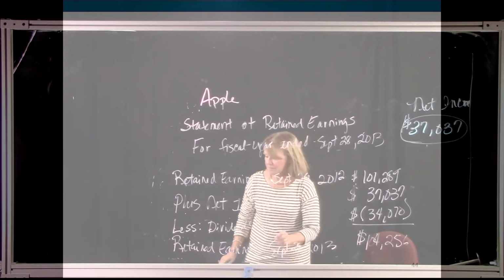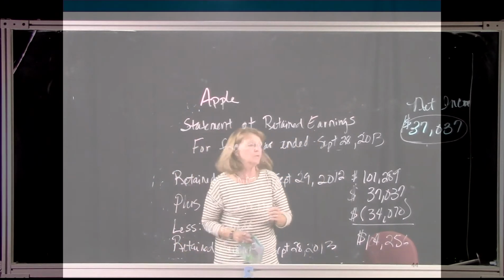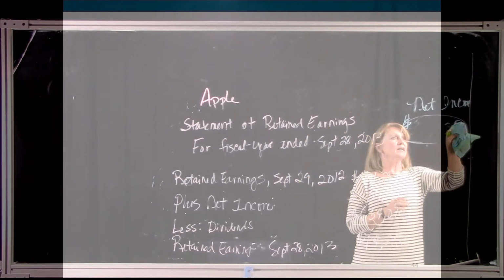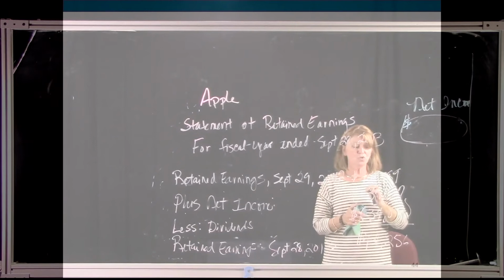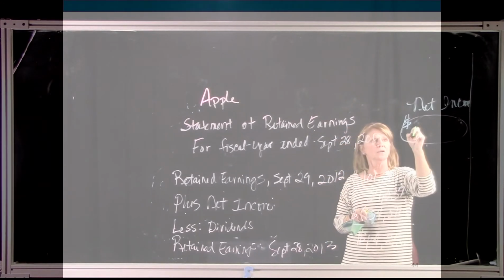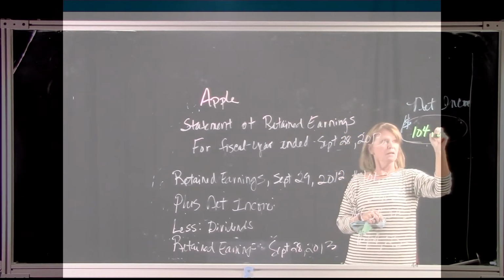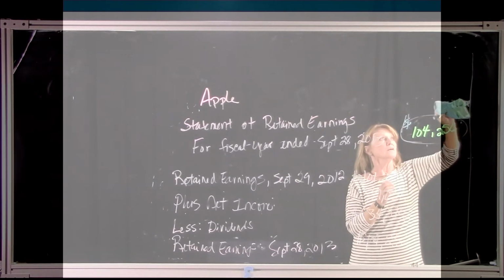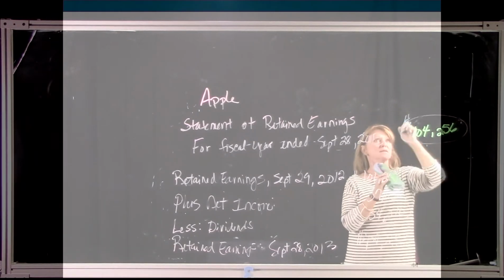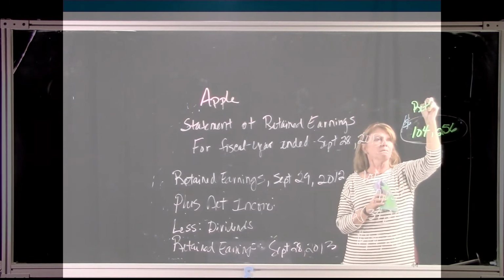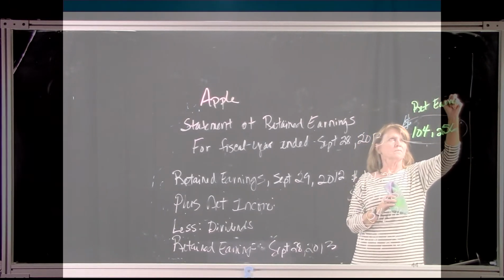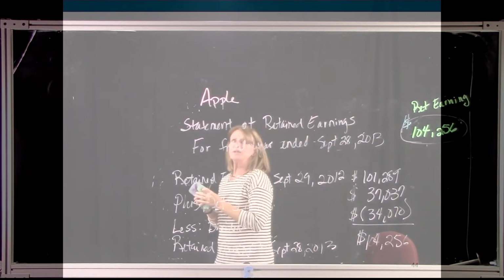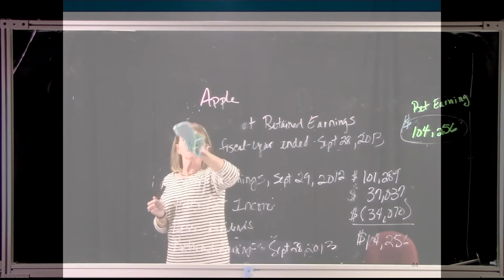All right, now I'm going to ask you to keep this number in mind because it's the one that we're going to carry forward to our balance sheet. So there's a method to carrying forward numbers on our financial statements.